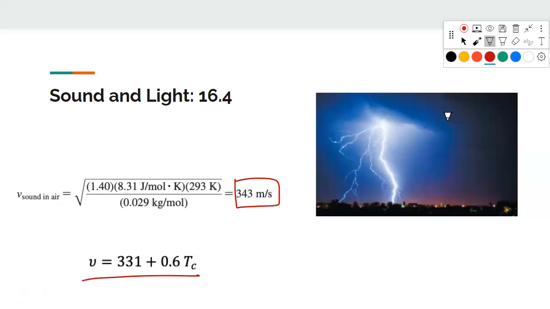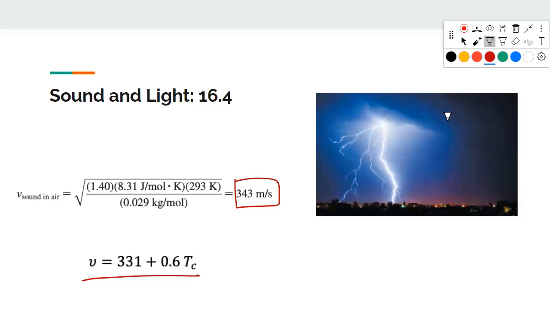But remember, if you have a different type of gas, if we had a monatomic gas instead, then we would have a different speed of sound. Or if we were at a different temperature, or if it has a different composition. So if the air is more humid, then the speed of sound changes. So the speed of sound is very fickle, but it tends to be 300 and something meters per second, which is roughly 600-700 miles per hour.